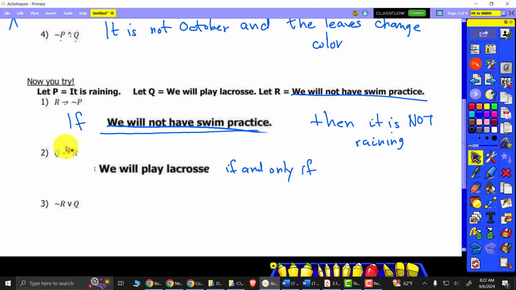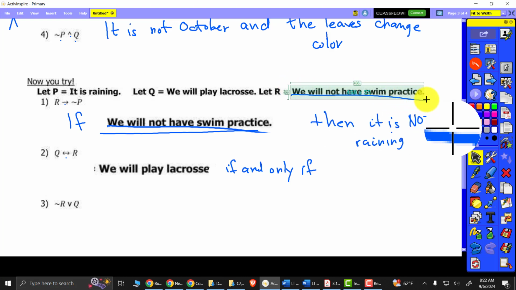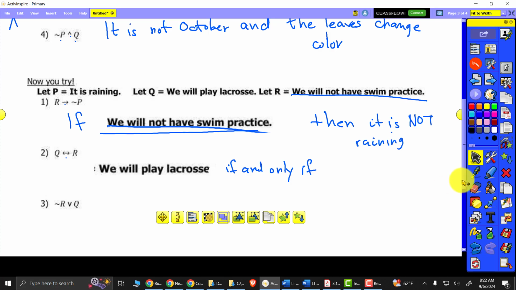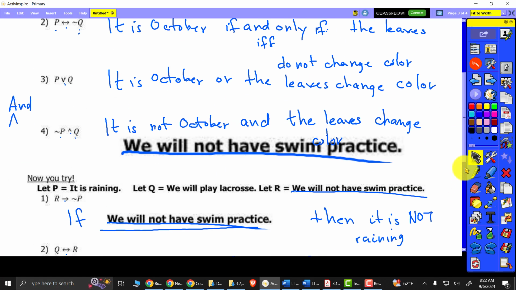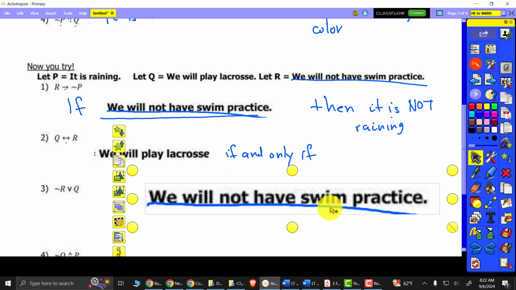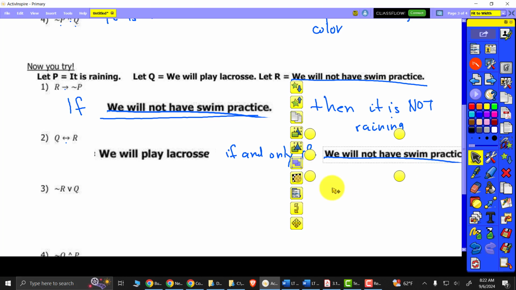If and only if R. And what is R? We will not have swim practice.